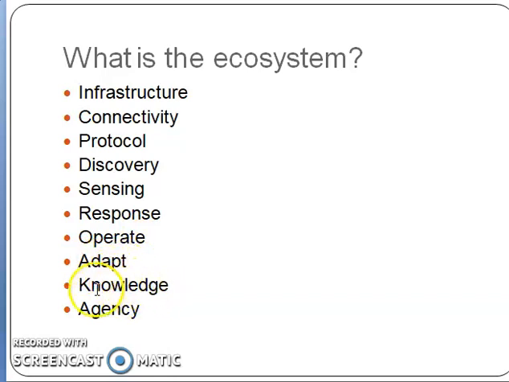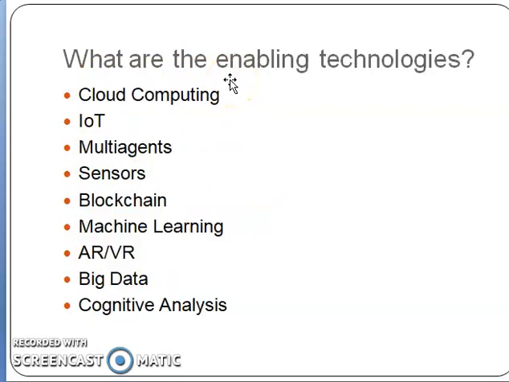Then knowledge is required, agency, that means autonomy is required between the twin and the real device. So this is the ecosystem that we need to create in order to implement a digital twin.